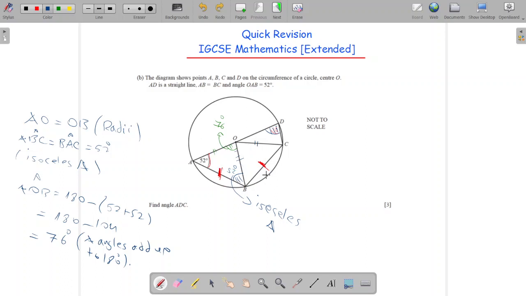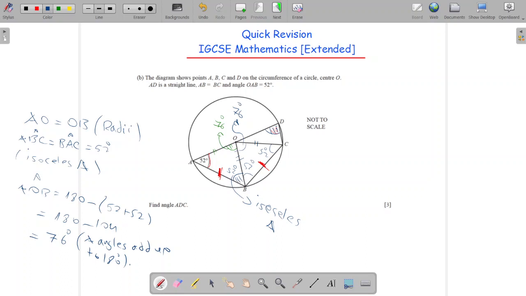Because this side is equal to this side, and these two sides are equal to these two sides, so we have congruent sides. So the angle here is going to be 52 degrees, and the angle here is 52 degrees. This one as well is going to be equal to 76 degrees.